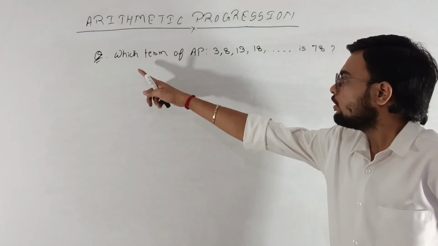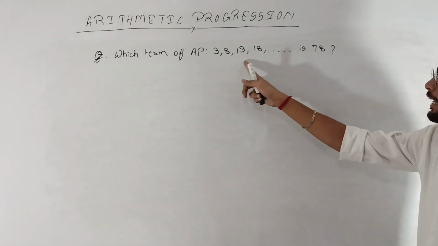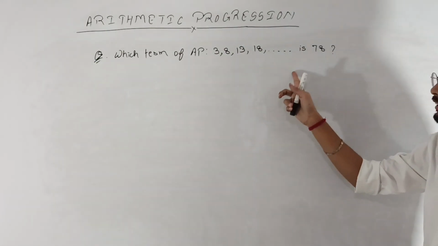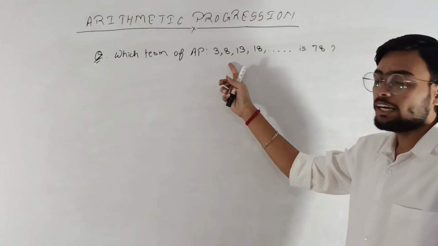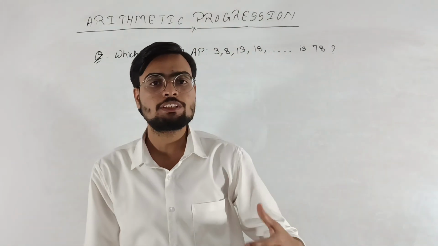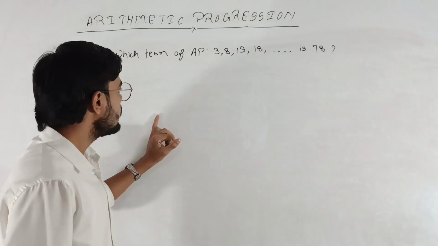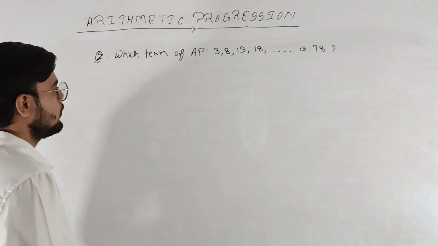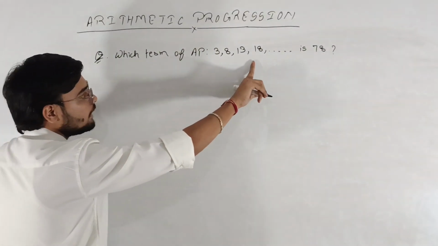The question is: which term of the AP 3, 8, 13 and 18 is 78? We have to check that 78 is which term of this AP. First I write what is given. We have the AP 3, 8, 13 and 18.